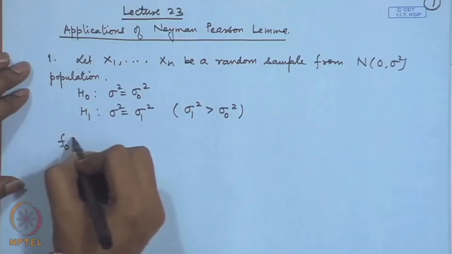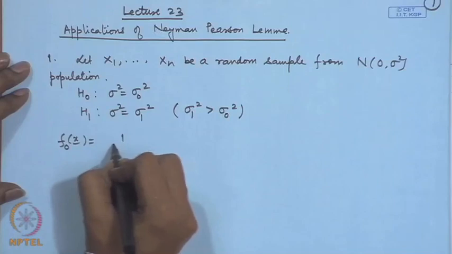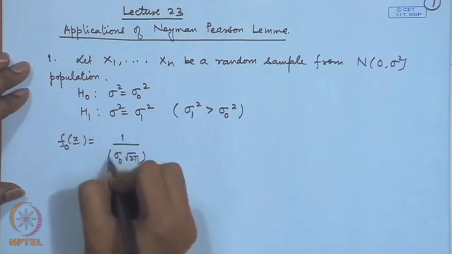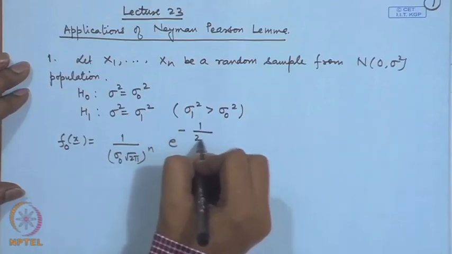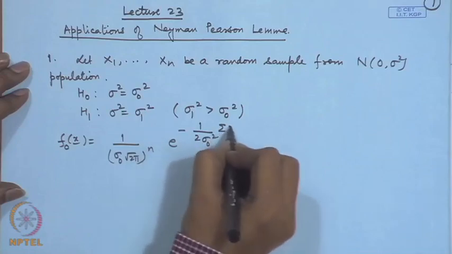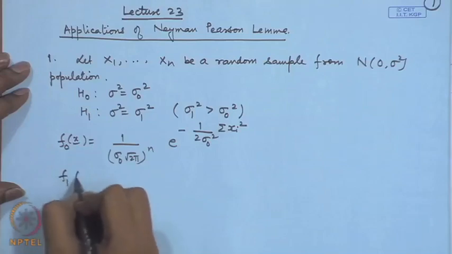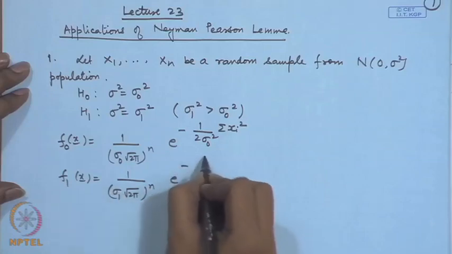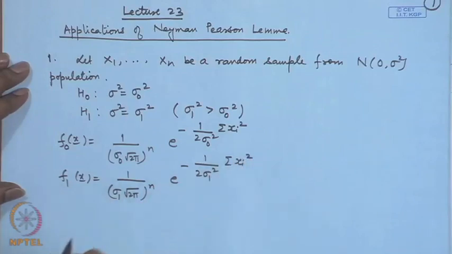So, f naught x is equal to 1 by sigma naught root 2 pi to the power n, e to the power minus 1 by 2 sigma naught square sigma xi square. And f 1 x will then be equal to 1 by sigma 1 root 2 pi to the power n, e to the power minus 1 by 2 sigma 1 square sigma xi square.